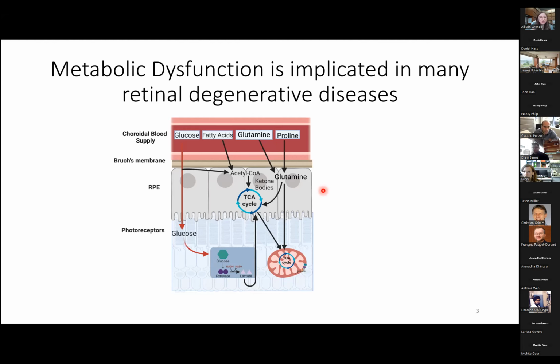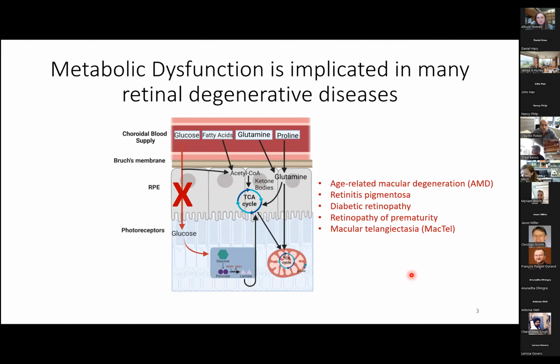And while the photoreceptors are more of a picky eater, preferring glucose, the RPE cells are kind of the opposite of a picky eater. They utilize a variety of different substrates, kind of acting as scavengers to utilize everything they can except glucose, so that glucose can be conserved for the photoreceptors. Some examples of those substrates are fatty acids, glutamine, and proline.